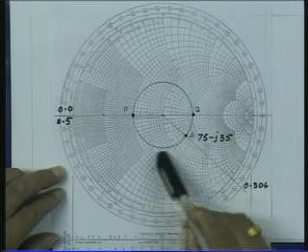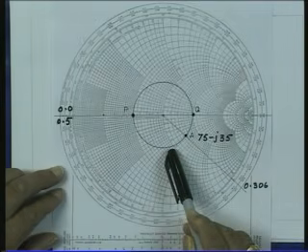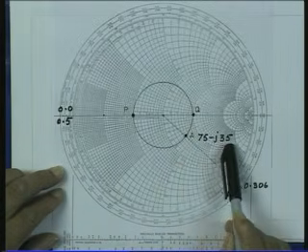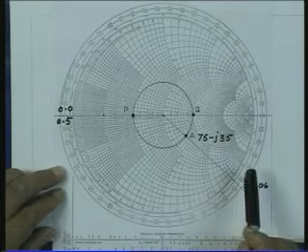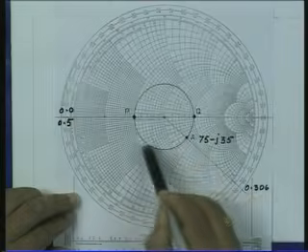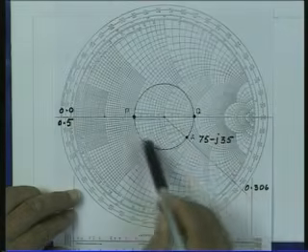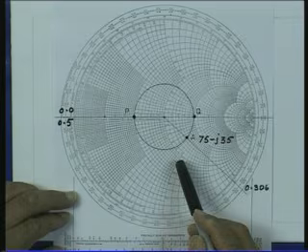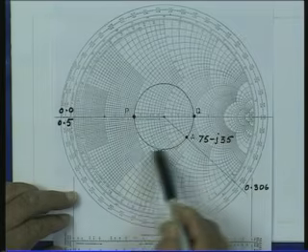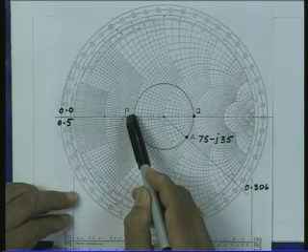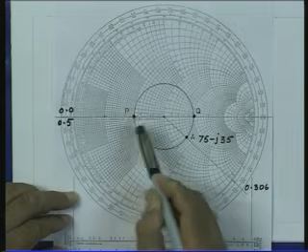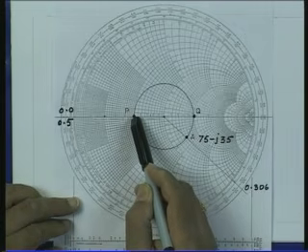draw a constant VSWR circle passing through this impedance. So, this circle is the constant VSWR circle corresponding to the load impedance 75 minus j35. Now, as we move on this constant VSWR circle towards the generator, that means in the clockwise direction, if I move by a distance corresponding to AP, the impedance seen at this location will be real and it is the minimum resistance which we will see on the line.